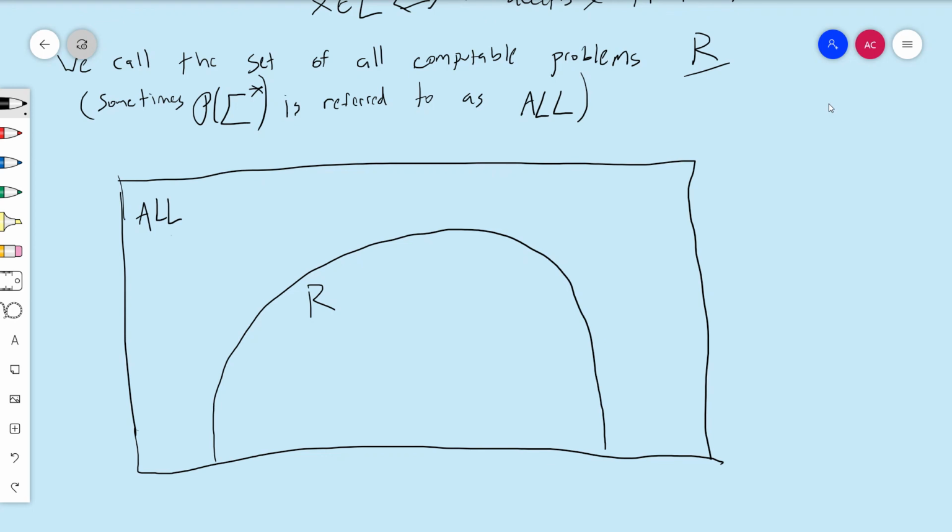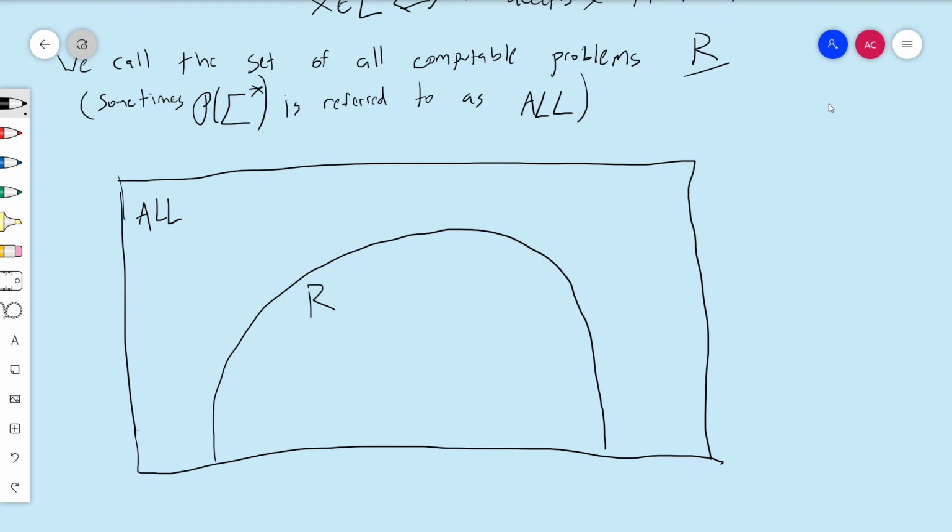The fact that I drew it this way implies that there does exist a language that is not recursive. And there's plenty, most of them, in fact. We'll talk about that very soon. We'll define a language that is not recursive, and talk about problems that are not computable.